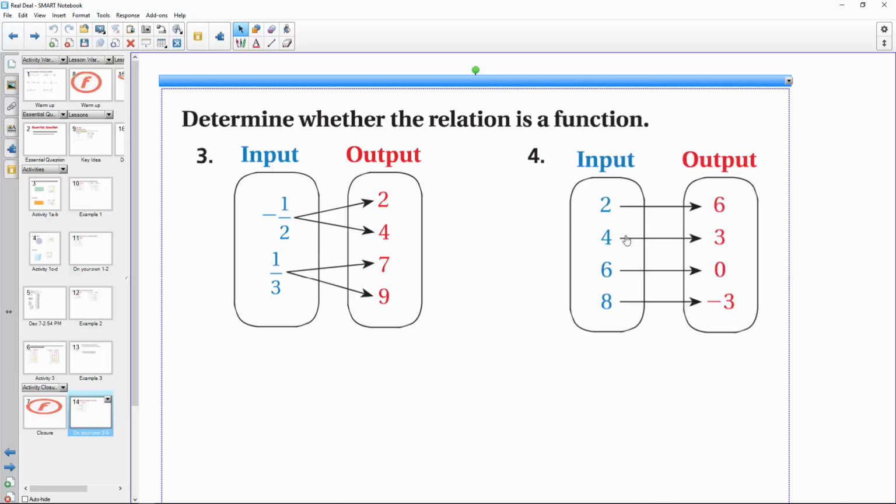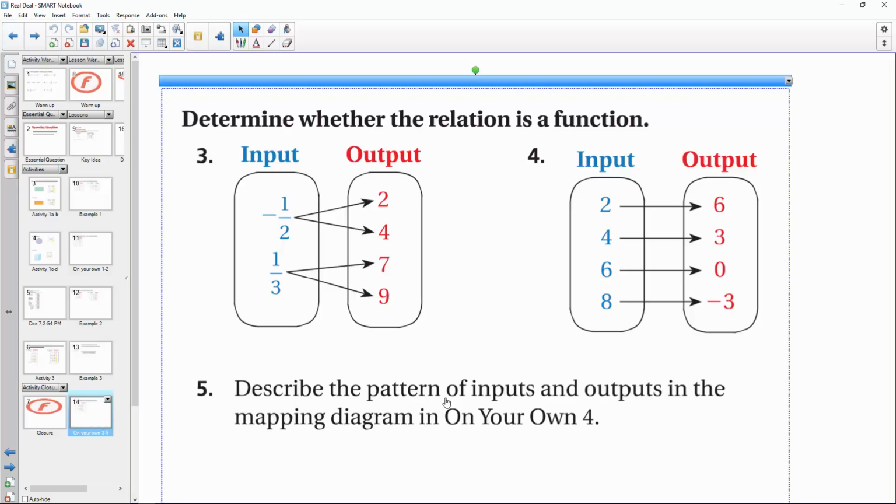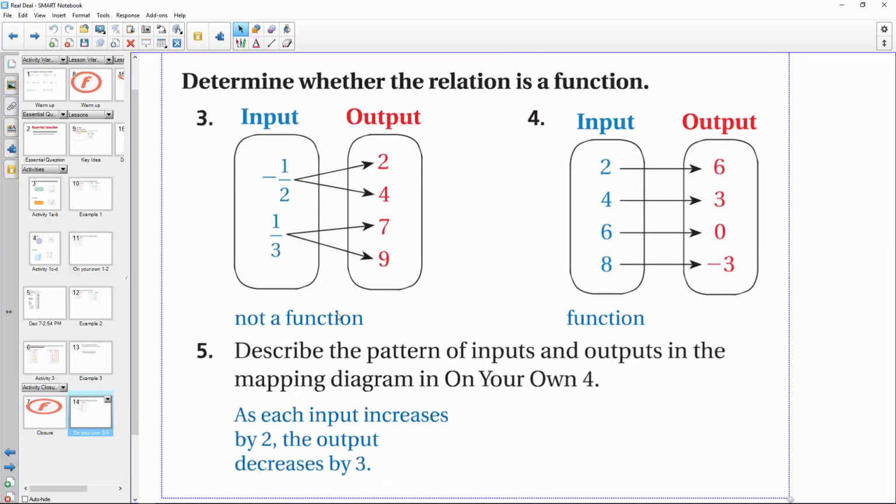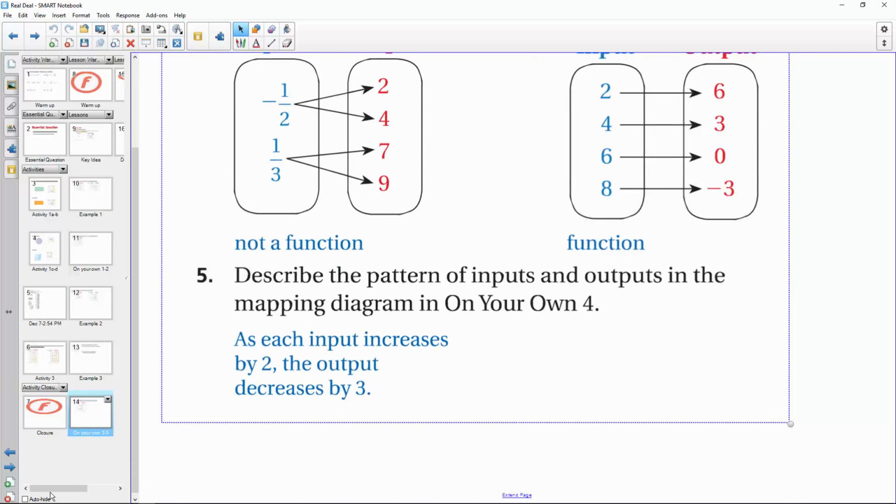This one has a 1-to-1 correspondence, so it is a function. And then describe the pattern of inputs and outputs mapping on your own for this number 4. So it looks as though this is going down by 3, and this side's going up by 2. So it is a function. As the input increases by 2, the output decreases by 3. So kind of what we said before.